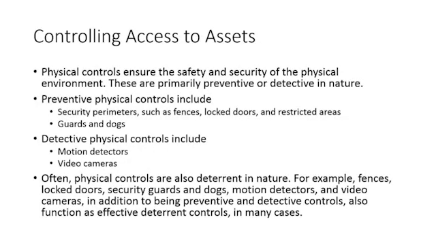Now, often physical controls are also deterrent in nature, like I mentioned just a second ago, like the fences, locked doors, security guards, dogs, motion detectors, video cameras, because you can see that from far away usually, right? Every building I go into, every time I go somewhere new, it's a habit, it's ingrained in me from all the security classes, from certified ethical hacking and everything, from CISSP.